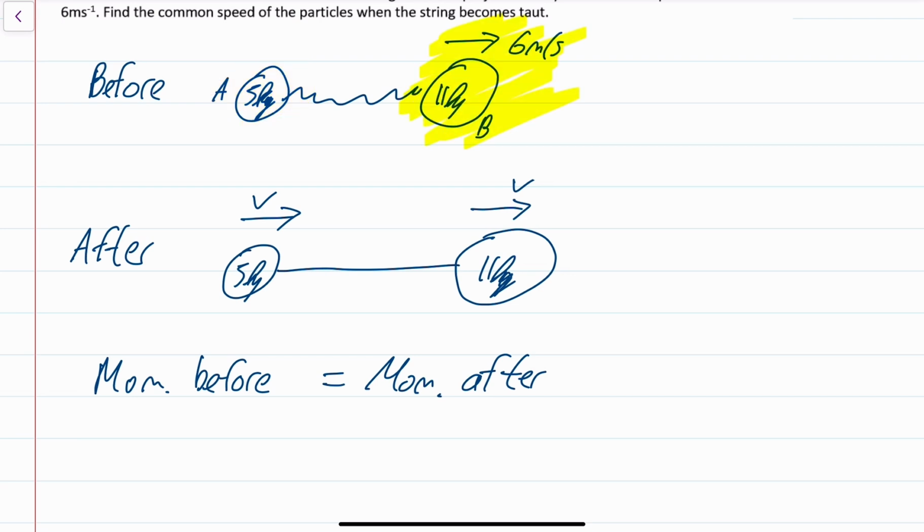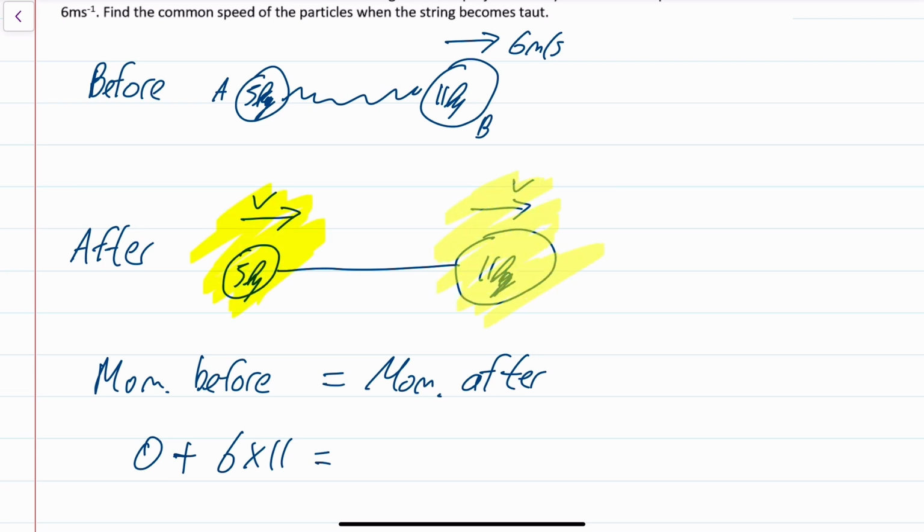Its momentum is just going to be, we had the 0 for that first one, for the A, and then the other one was moving at a speed of 6, and its mass was 11, so 6 times 11. Then after, we've got this one, which is going to be 5V, and this one, which is going to be 11V. So let me get rid of those. So you're going to have 5V plus 11V.